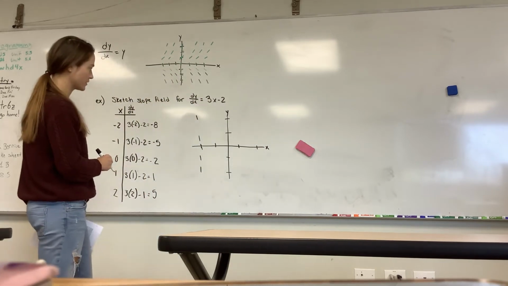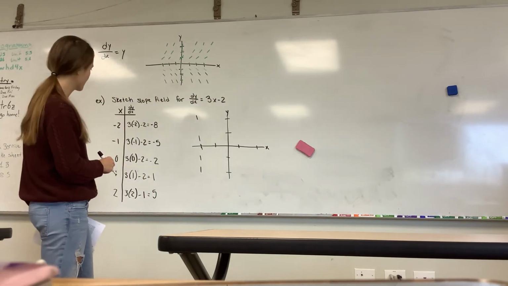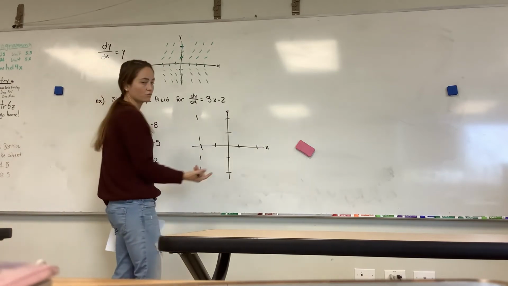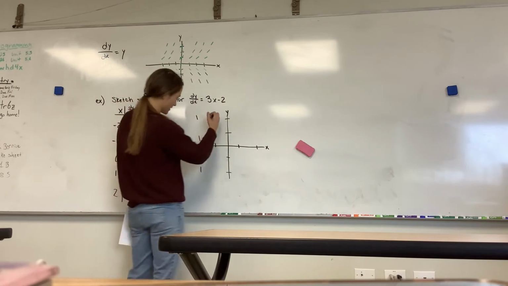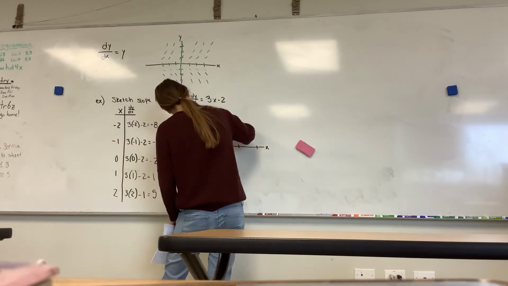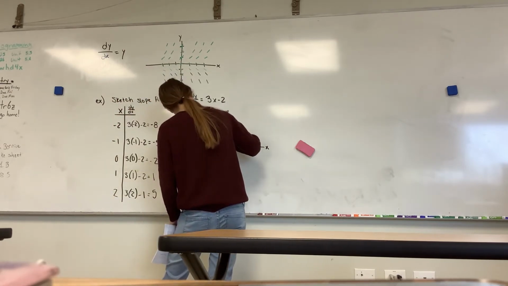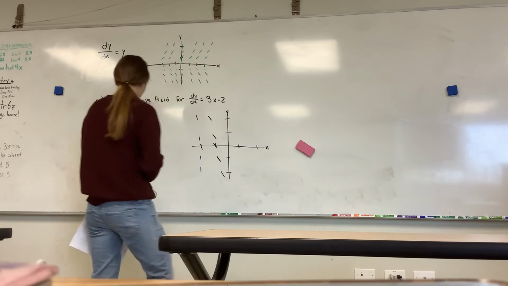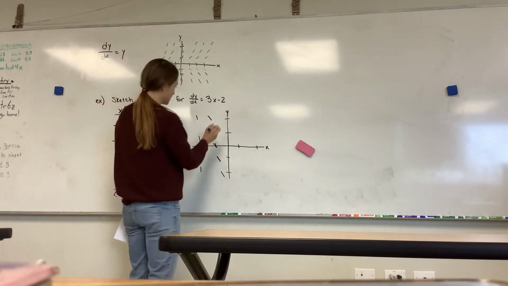There we go, that's my slope of -8. At -1, I have a slope of -5, so again, it's really steep, but less steep than this. At 0, I have a slope of -2.